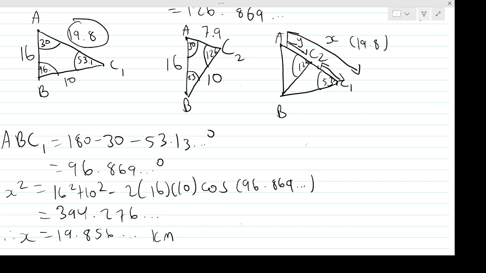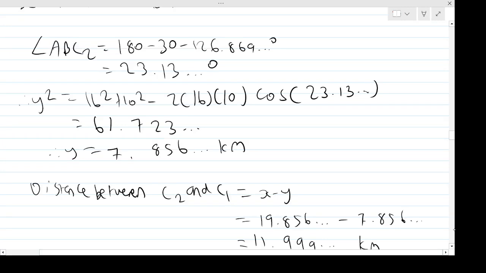So the difference between those two distances gives me the difference between the two possible positions, right? That makes sense. And so we've got to an answer of 12. Right, okay. So there we are then.